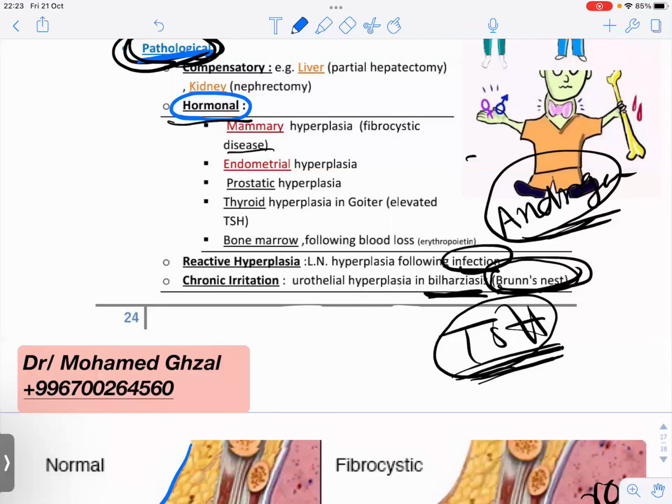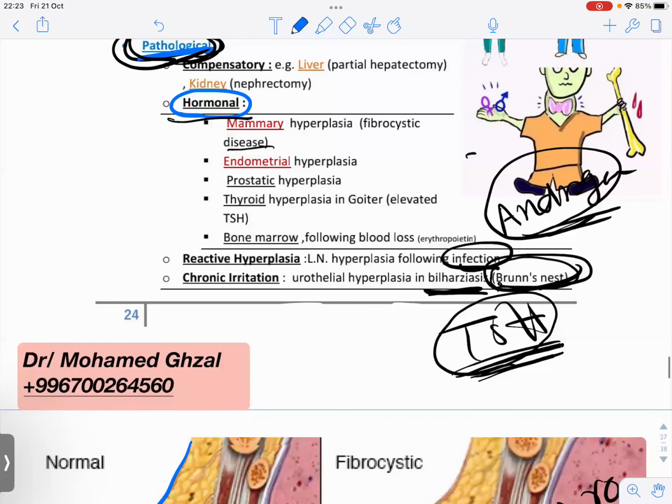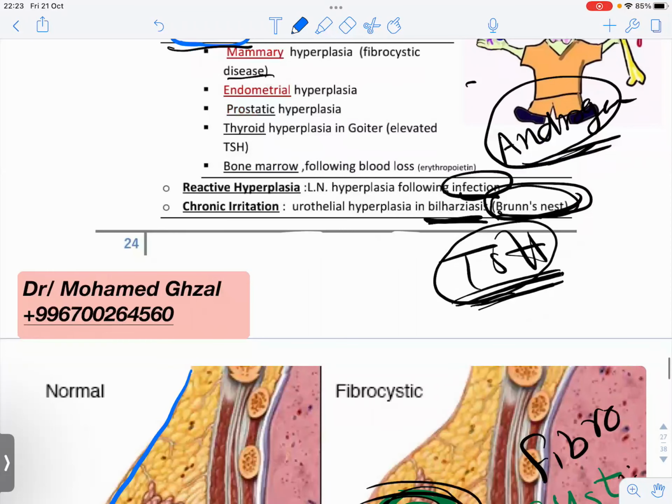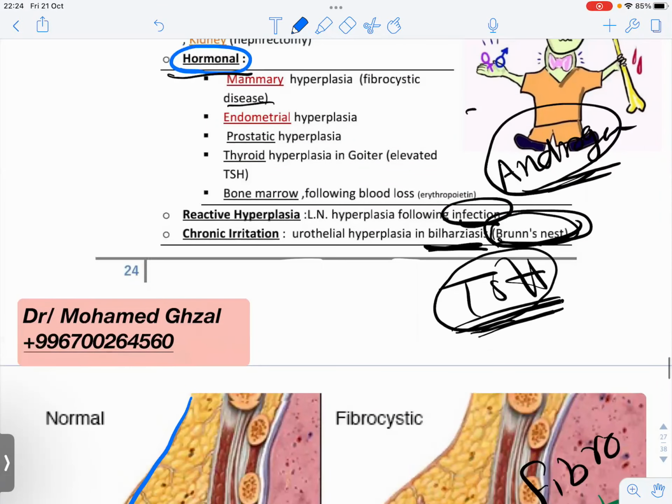In women, mammary and endometrial hyperplasia are precancerous, but prostatic hyperplasia can never turn into cancer because old men don't have androgen to stimulate more and more hyperplasia. Also thyroid hyperplasia like in goiter, and bone marrow hyperplasia during severe blood loss.